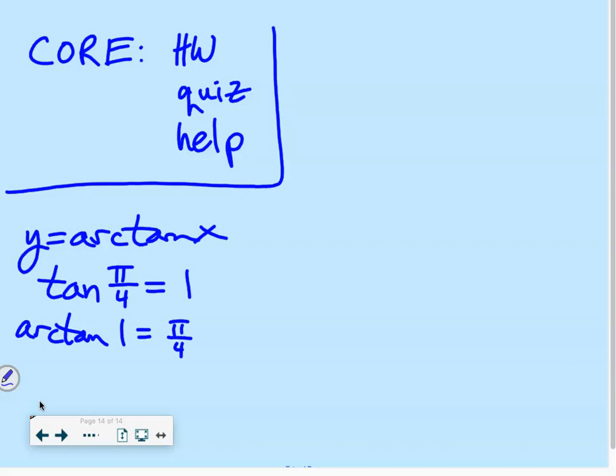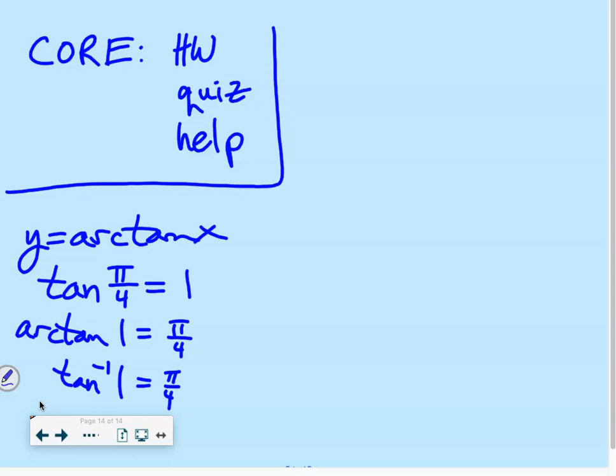So the arctangent is the angle whose tangent is this value. When you're doing an arctan, the input and output switch. It's an inverse function. You guys might also have written it like this, tan inverse. That's the same thing. Arctan and inverse tan are the same thing.